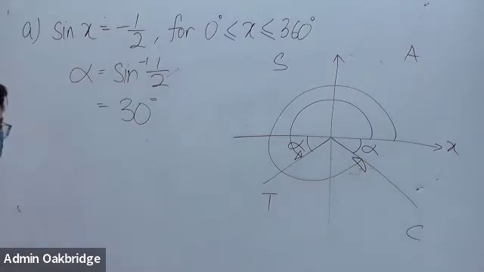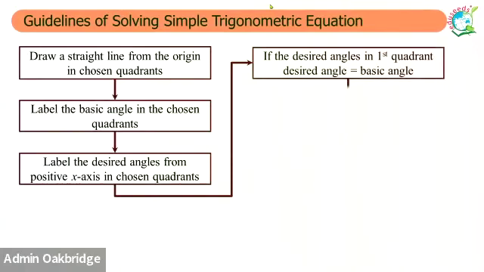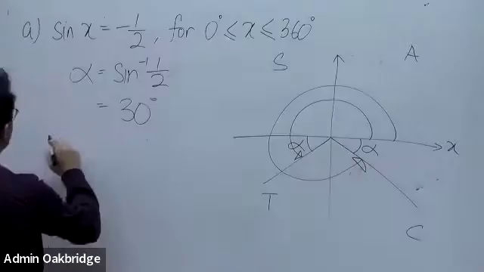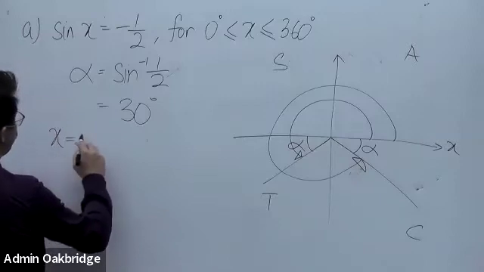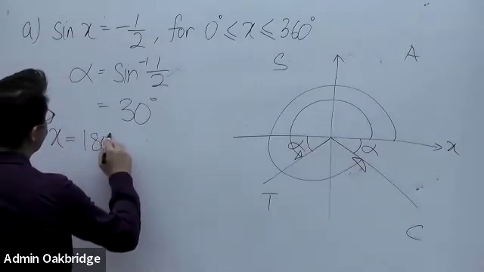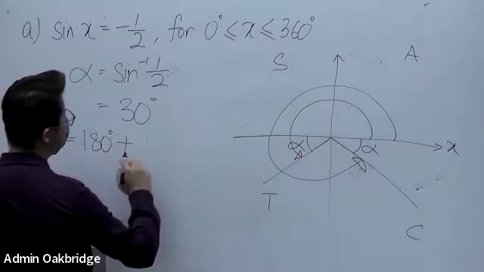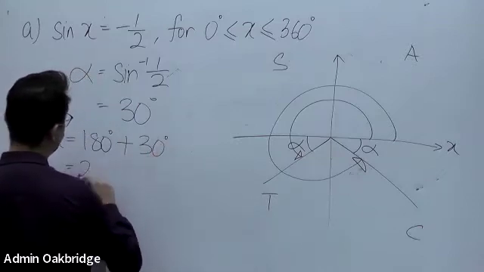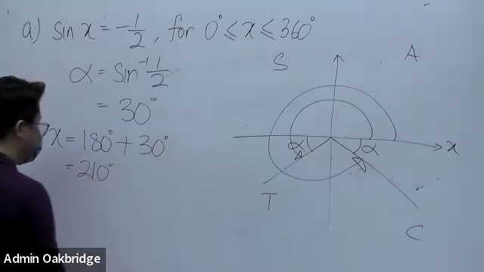So now, how do you find out the angle in the third quadrant? Let's look at this one. In the third quadrant, you just take 180 plus the base angle. So now you have your first answer. 180 plus the base angle 30, so you have 210.